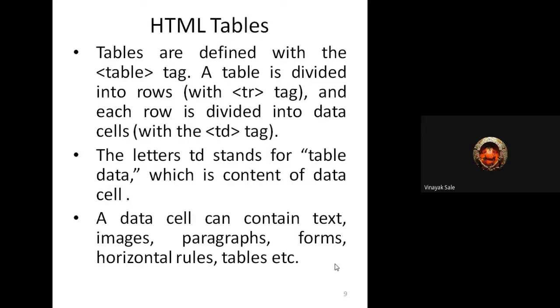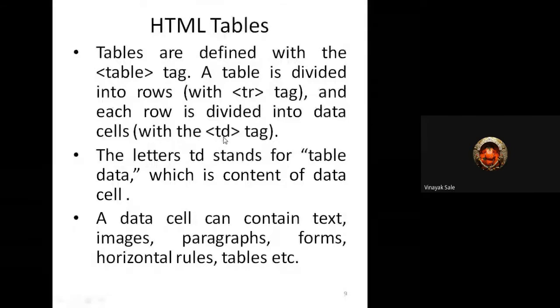So row tag is TR, T for table and R for row, and each row is divided into data cells. And here T for table and D for data.